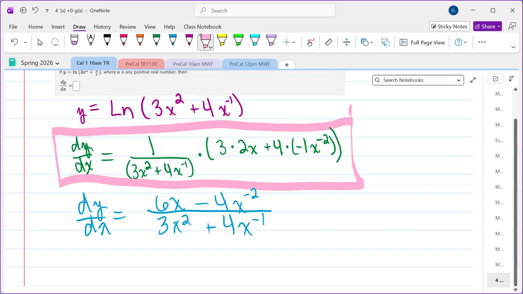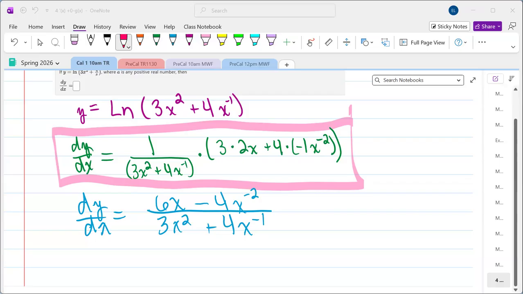It is easier to grade it if you don't simplify it. Well, that's another derivative of natural log.